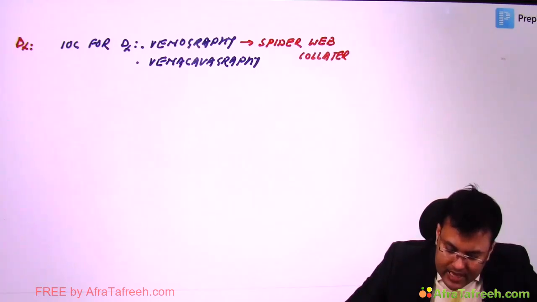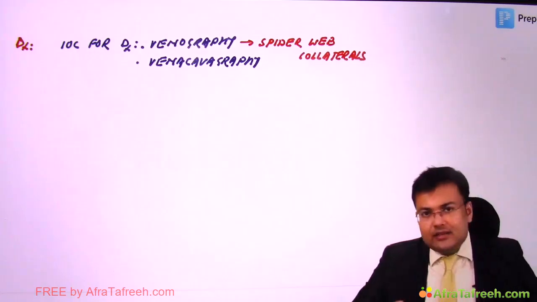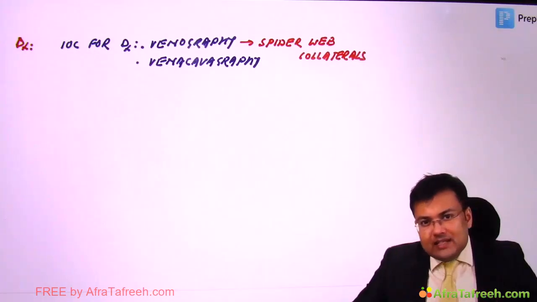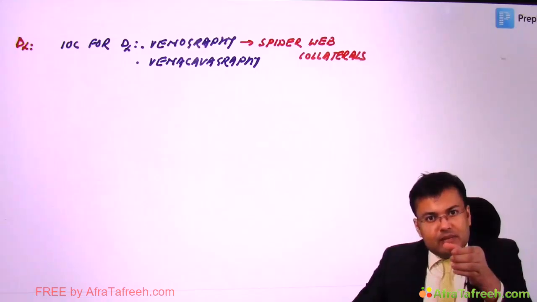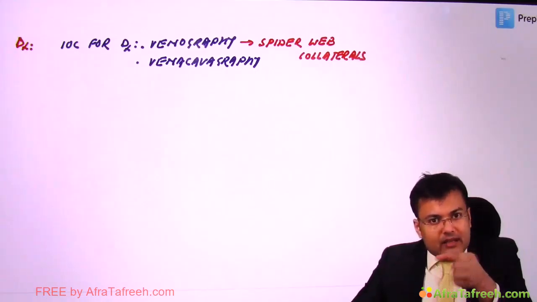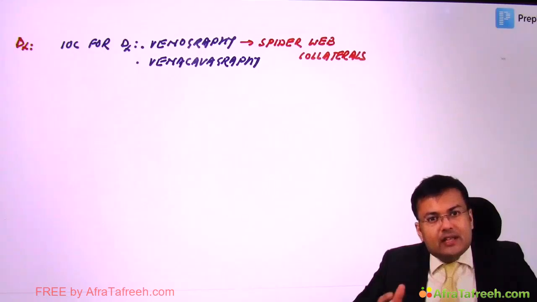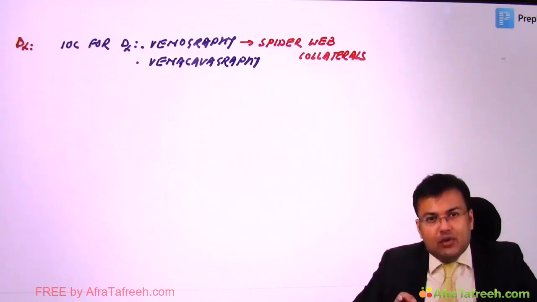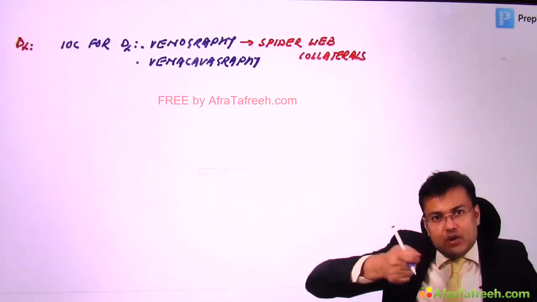Okay. There is another question asked in surgery related to collaterals, and that is in Buerger disease. In Buerger disease, there is thromboangiitis obliterans. So what is the problem? There is arterial occlusion, and that's why the investigation of choice is angiography, because the artery is involved. And in that case, what kind of collaterals are seen? Corkscrew collaterals.